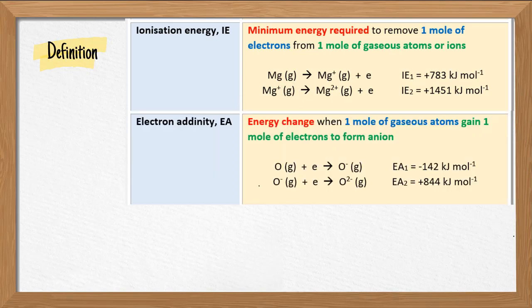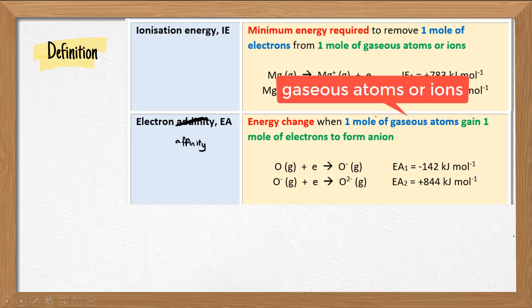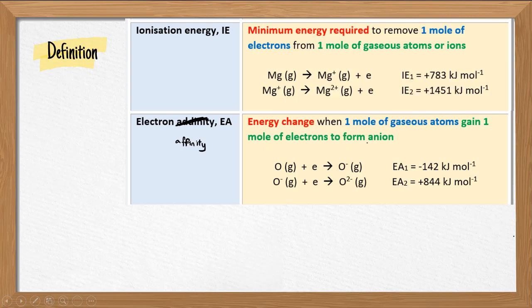Next one we have electron affinity. Please do a correction in the notes. This is a typing error, affinity, and it is represented by the symbol EA. It is directly opposite to the IE. Electron affinity refers to the energy change when one mole of gaseous atom gains one mole of electrons to form an ion. In this case, energy change can be positive or negative.